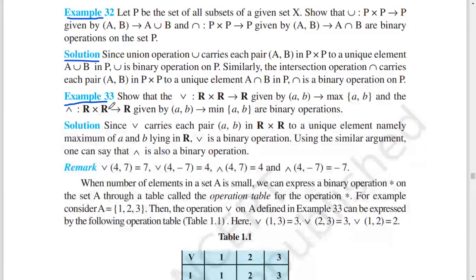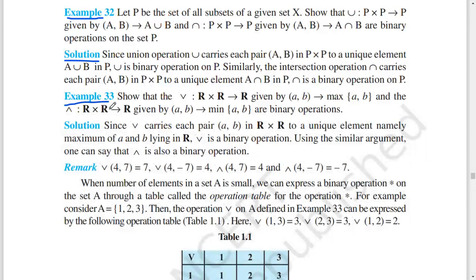Example 33. Show that the OR: R × R → R given by (a, b) → max(a, b), and the AND: R × R → R given by (a, b) → min(a, b), are binary operations.